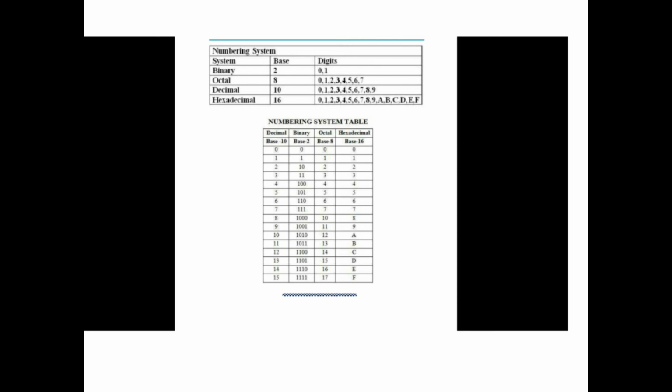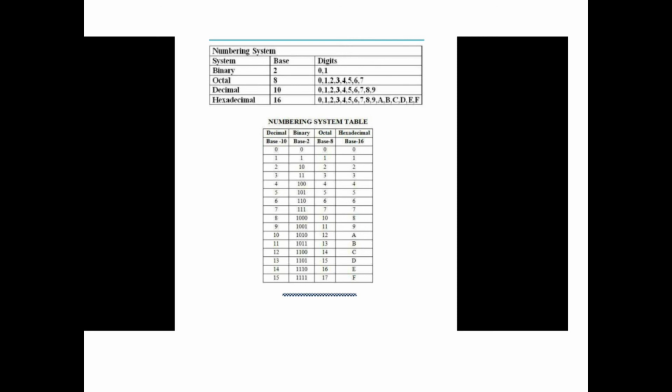The base of the octal number system is 8, and 8 digits are used: 0, 1, 2, 3, 4, 5, 6, 7. Totally 8 digits, so that is called octal. Octa means 8.